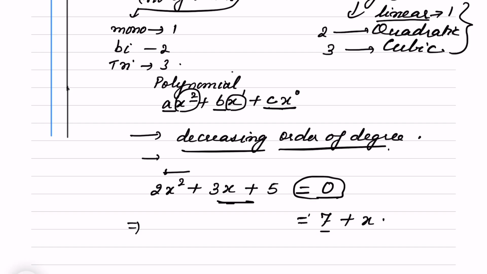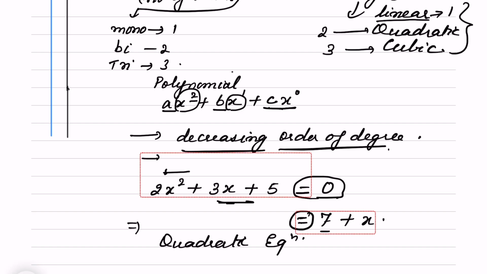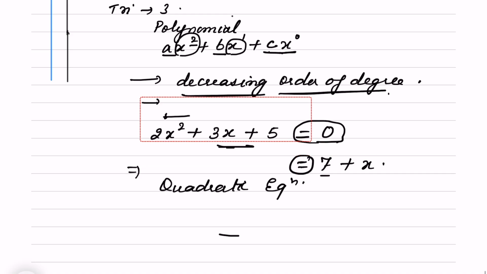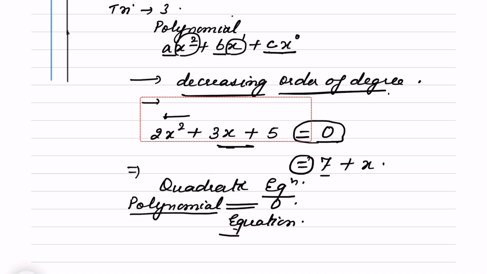So if there is an equal sign, then it is called a quadratic equation. That means if we equate a quadratic polynomial to 0, it becomes a quadratic equation. Equation means equal. The word equation has come from the equal sign.